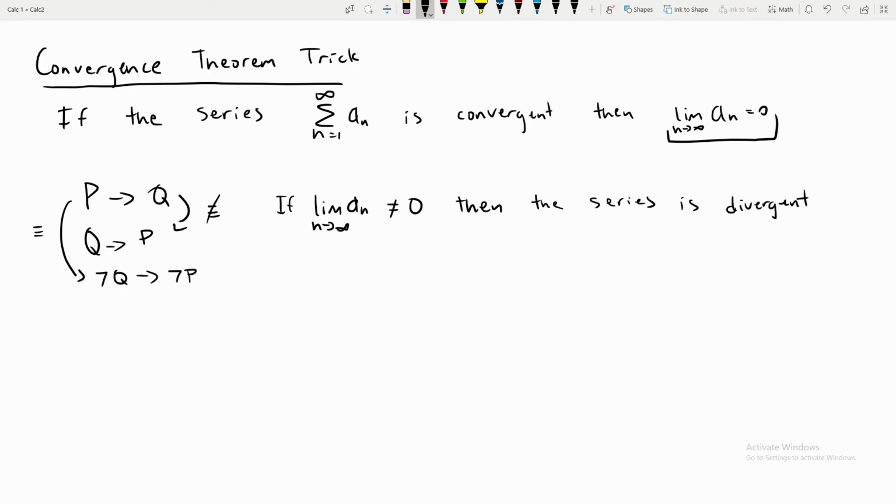So now we have come up with this other little theorem, and it's a lot more helpful because it will help us determine whether a series is divergent.